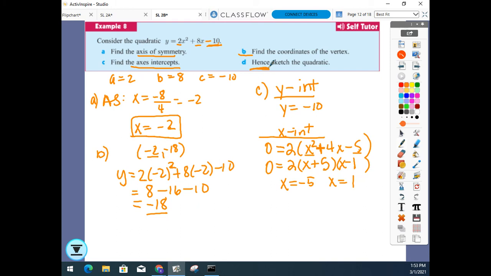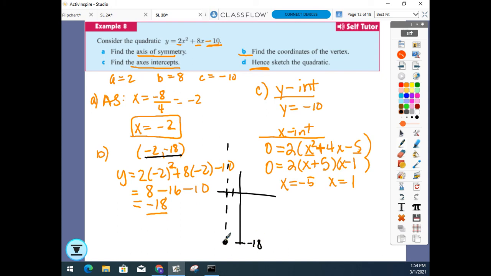Hence, the reason we found all of these is because I'm now going to sketch everything on my graph. So my axis of symmetry goes through -2. My vertex is at -2. I'm just going to go down here and say that's -18.